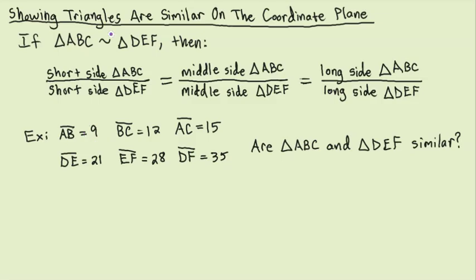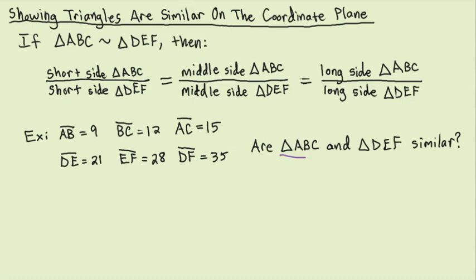So one side of triangle ABC is 9, another side is 12, and another side is 15. So this is the short side, 9, this is the middle side, 12, and this is the long side, 15. And then we have triangle DEF. The short side is 21, the middle side is 28, and the long side is 35.